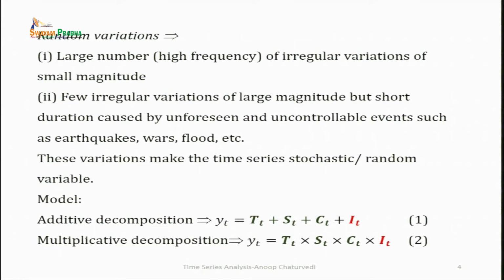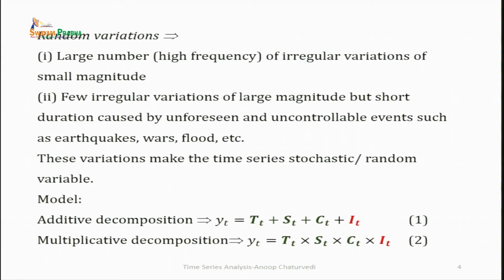And in any time series, these random variations are usually large in number, meaning these variations have very high frequency, but are small in magnitude. So, in fact, there are two kinds of random variations: large in number, irregular variations of a small magnitude, and then sometimes you also observe a few irregular variations of large magnitude, but for short duration.